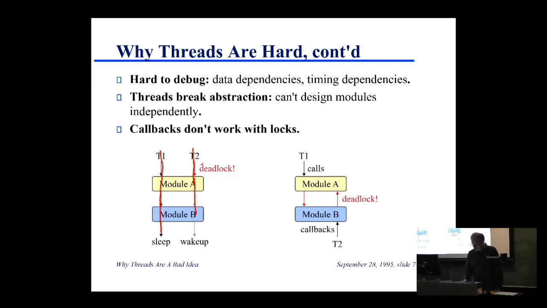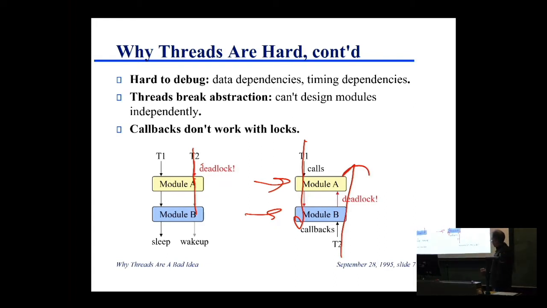Callbacks don't work with synchronization. So if you think about module B and module A, and they both independently have their own state and their own lock, thread 1 calling in the normal direction effectively defines a locking order, module A then module B. A callback, by definition, goes in the reverse order, and so thereby has the locking order in the reverse direction.